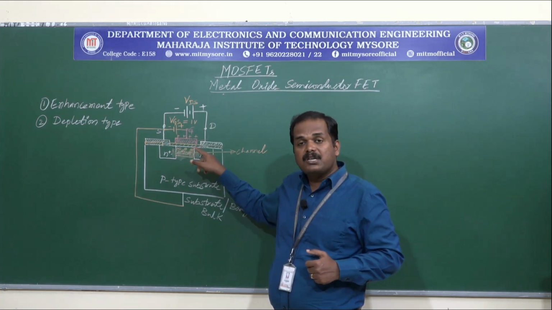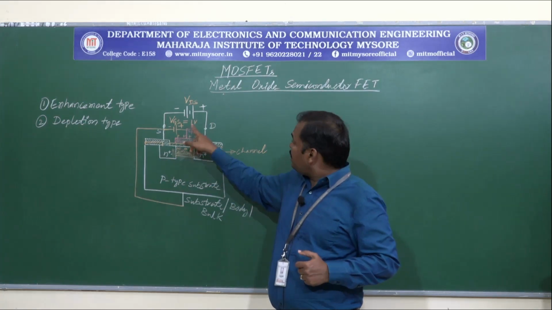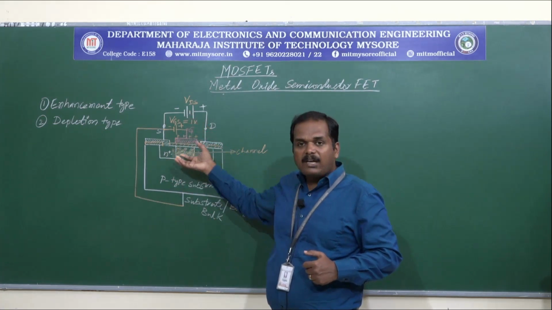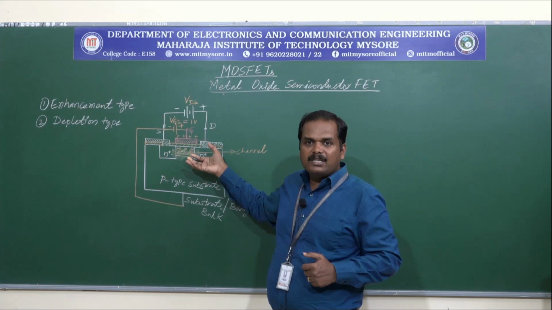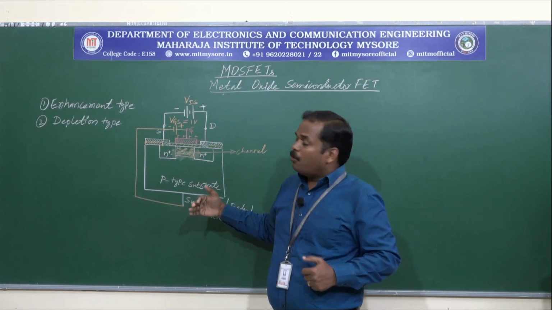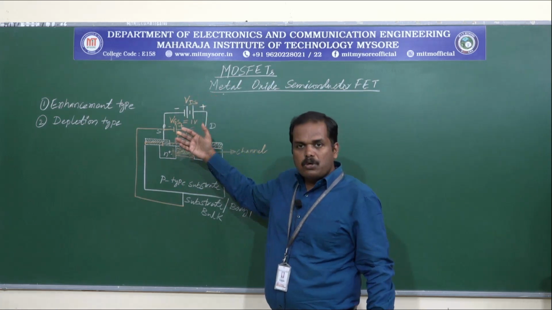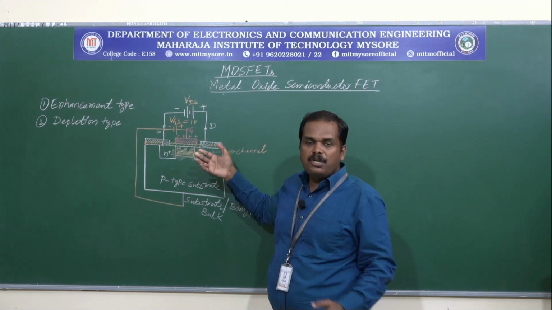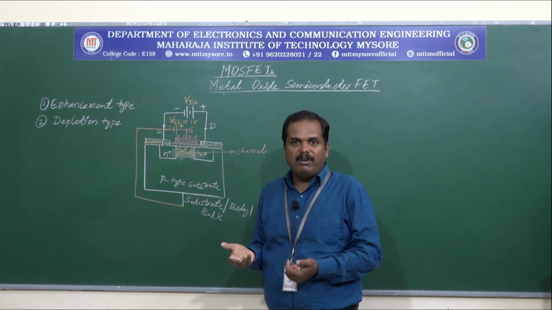There is a conduction taking place. As I go on increasing this, more electrons will be accumulated under the gate region, so the resistivity will be decreased. More the gate to source voltage, more the electrons accumulated under the gate region, more the conduction will be.